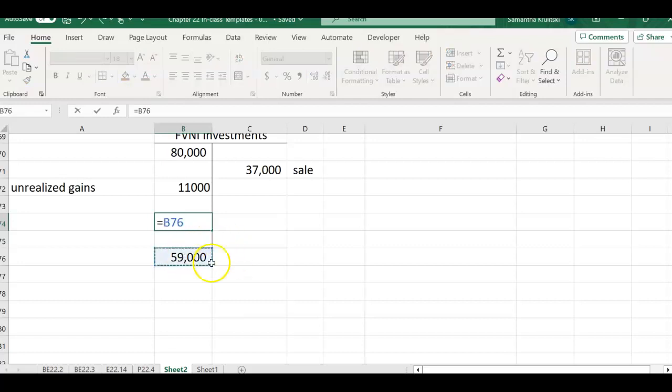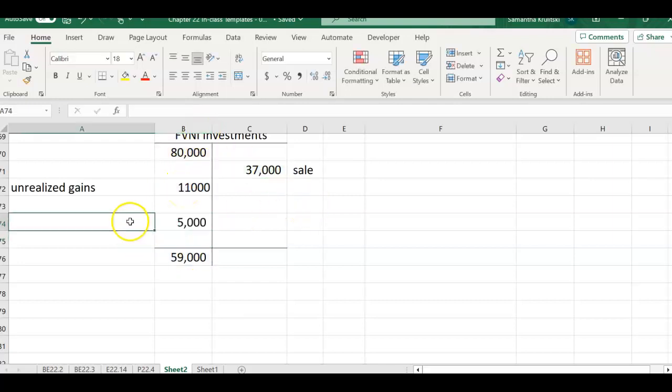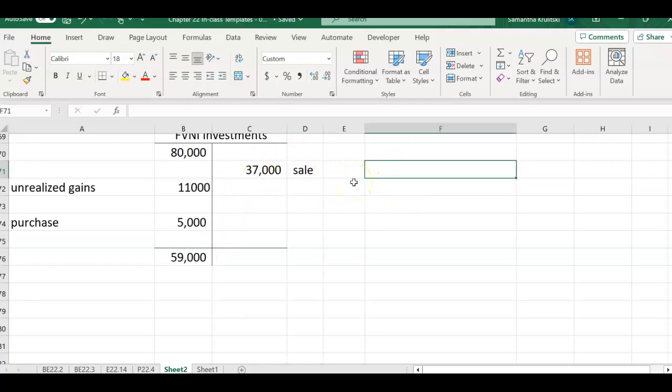So if we start with our ending, subtract off, we can see we must have had a purchase of $5,000 of investments, okay? So we have two things happening here. We had a sale. Well, we know what is taking off the books and records is not actually what we received in cash.